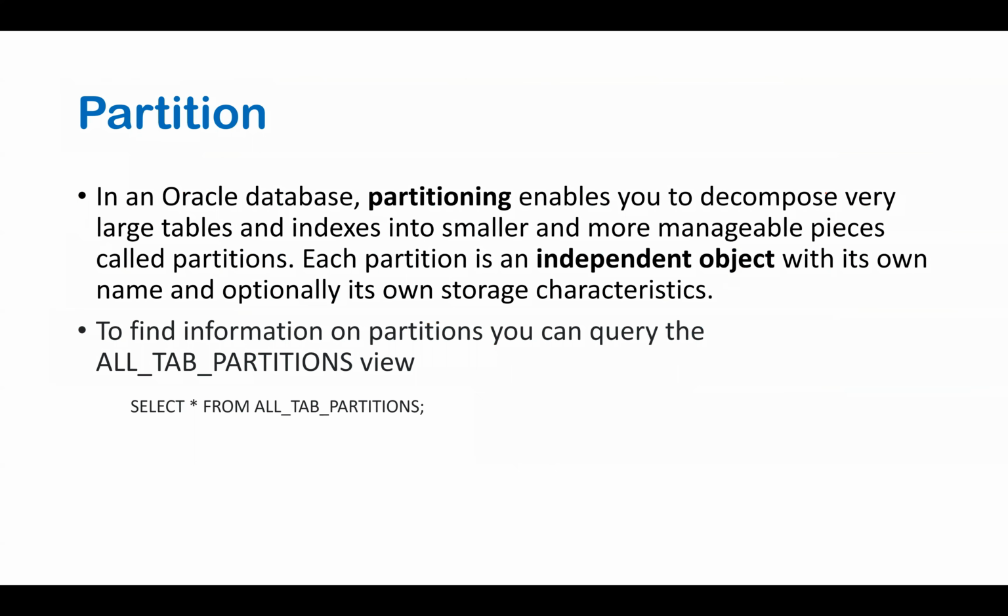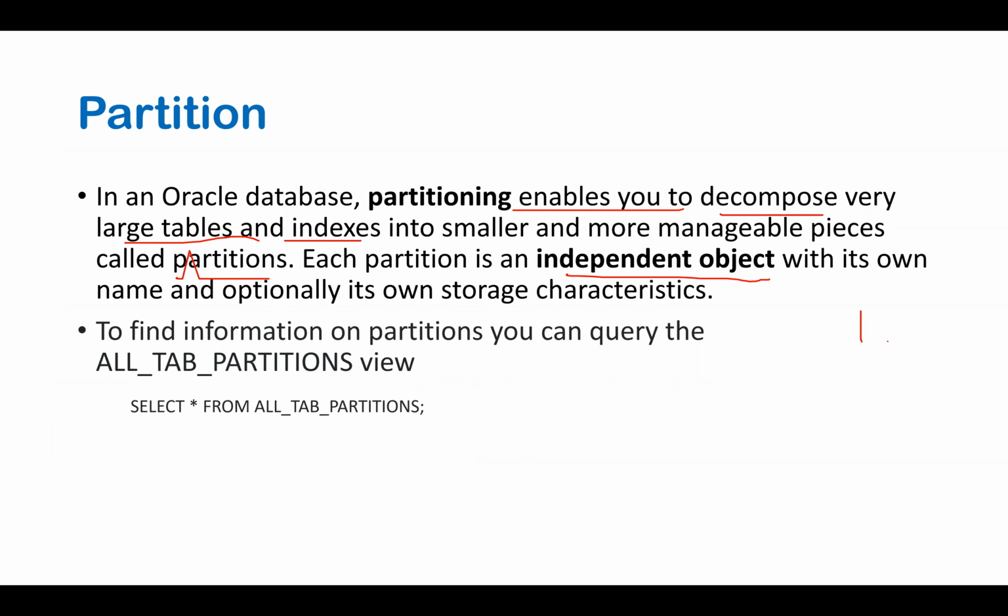So partitioning, in an Oracle database, enables you to decompose very large tables and indexes into smaller and more manageable pieces called partitions. Each partition is an independent object. That's the most important thing.